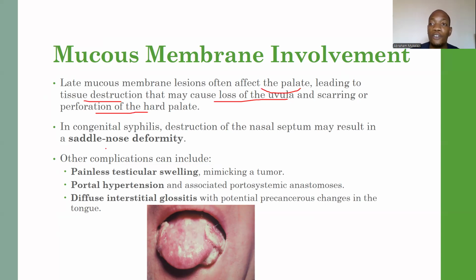And when you have involvement of this perioral area, the oral mucosa, the palate, you can also involve the nasal bones, and then you destroy them to end up with a saddle nose deformity, as you see in leprosy, as you see in leishmaniasis, as we see in rhinoscleroma. So you have to know the conditions that usually affect the central face and cause destruction there.